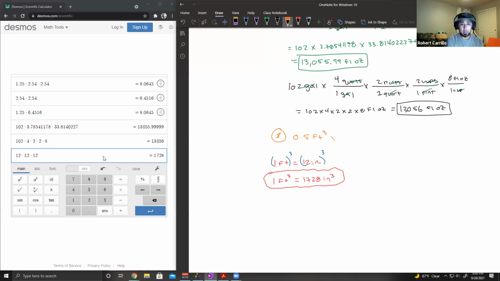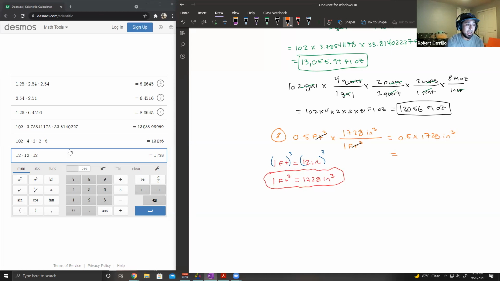Okay, and then we now know that in 1 cubic foot, we have 1,728 cubic inches. Our units cancel on cubic feet, and we are left with 0.5 times 1728 cubic inches.